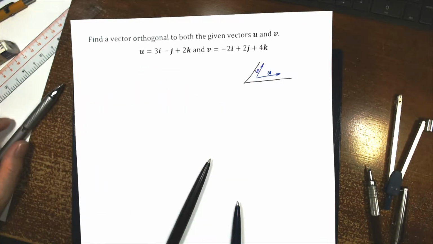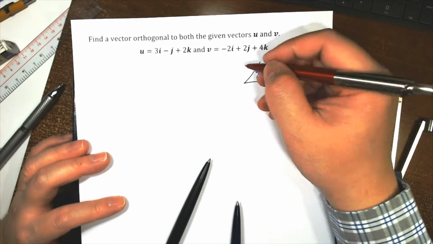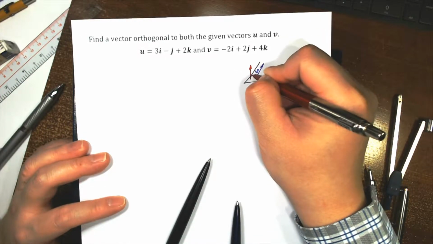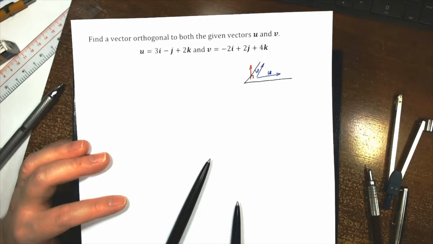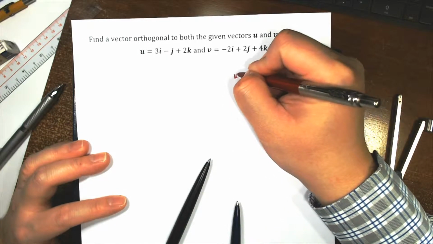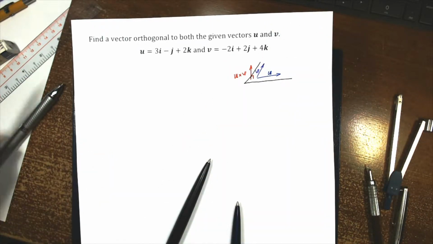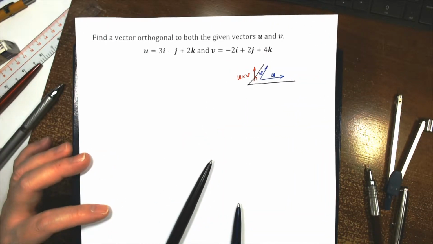When we do the cross product of u and v, we're going to have a vector that is orthogonal to the plane containing u and v. And this will obey the right hand rule.